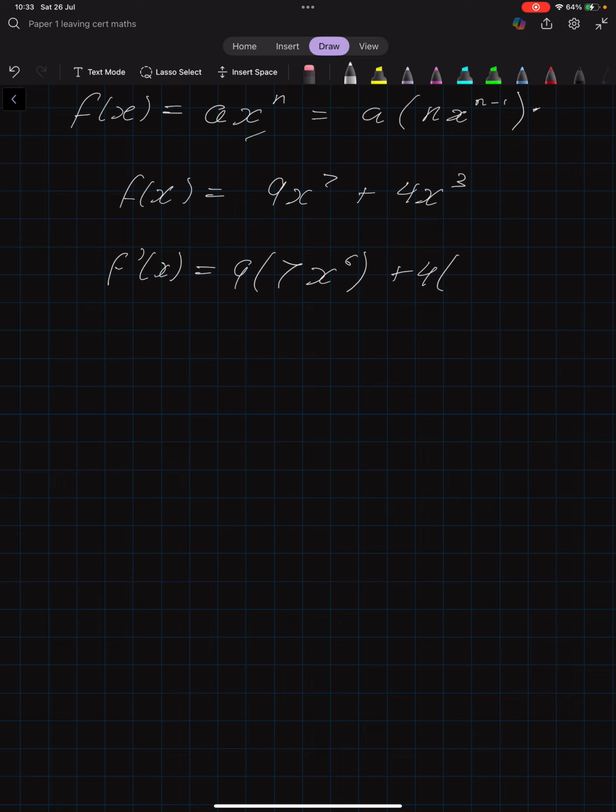Same thing, you basically ignore the 4 for a second, you bring down the 3, and you divide by x. So this is just simply equal to 63x to the 6 plus 12x squared. And that's it. Okay?